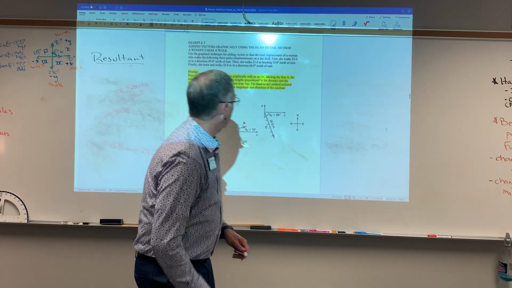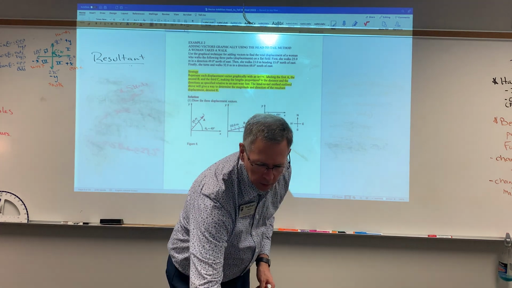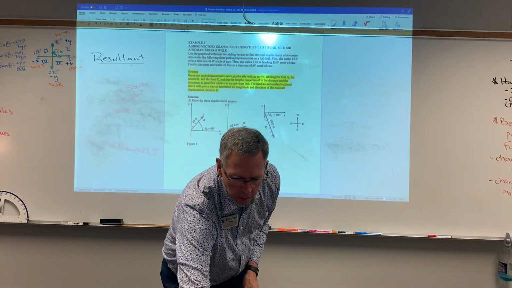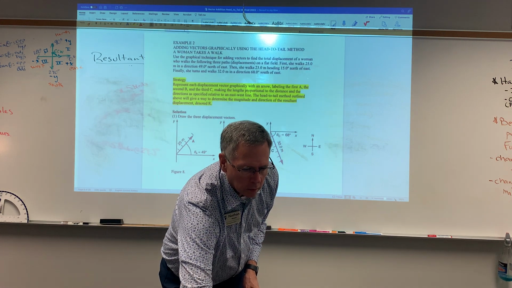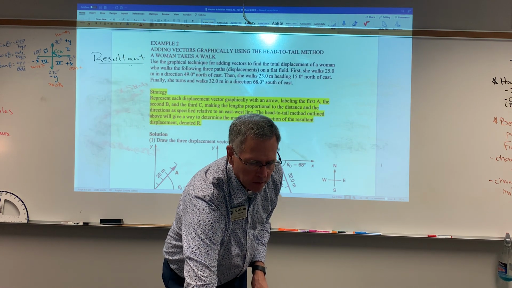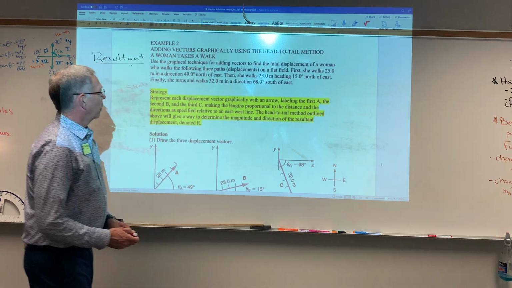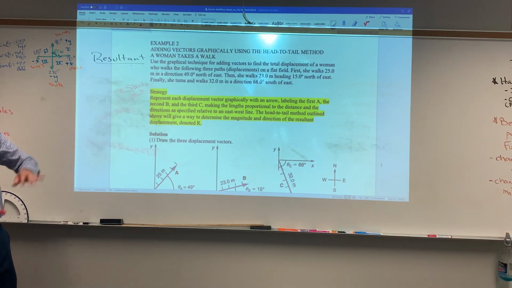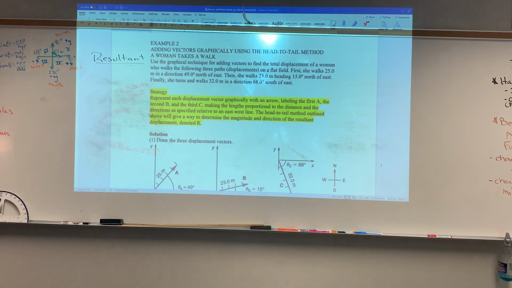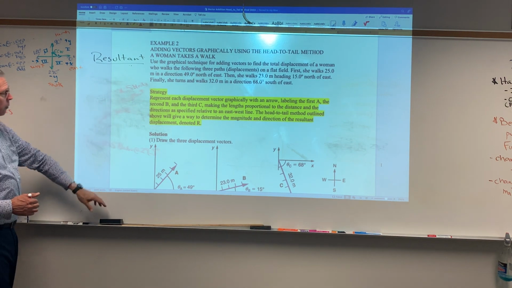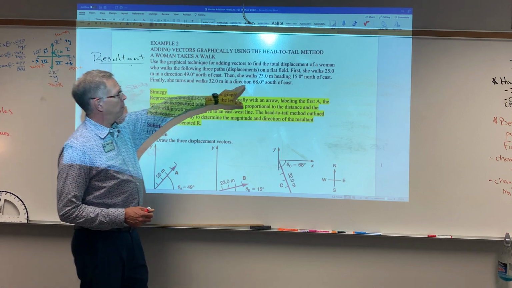Okay, we're going to do a second example. All right, this one actually has 3 vectors. All right, so this is the graphical technique for adding vectors to find the total displacement of a woman who walks the following 3 paths on a flat field.